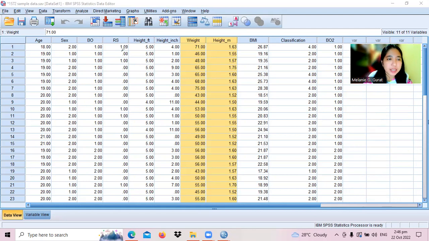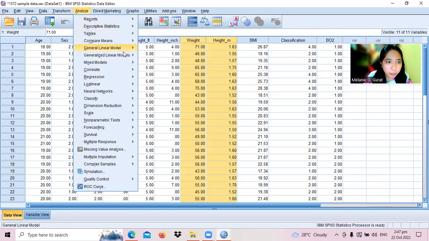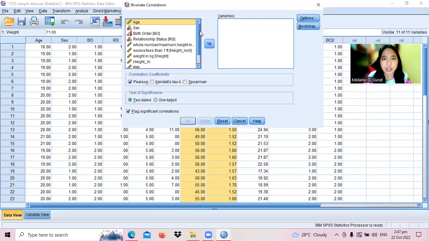Okay, let's do the test. So analyze. We will be using correlate and bivariate, which means 2 variables. We will be placing height and weight in our variable box. Take note that we have here options whether we will be using Spearman-r or Kendall's tau-b or Pearson-r.